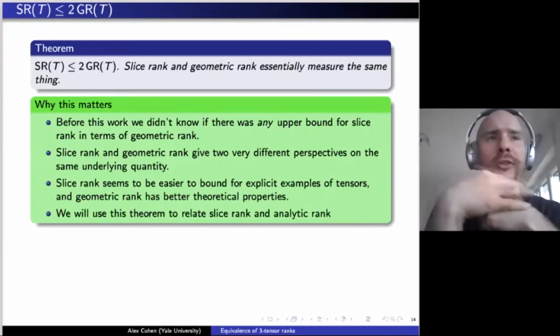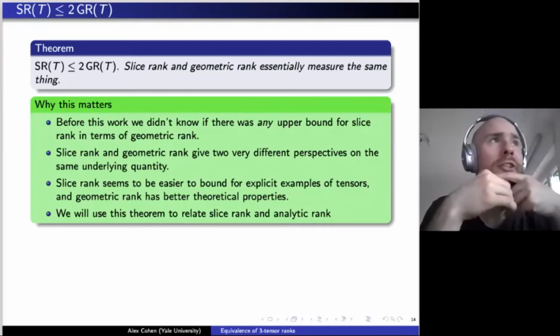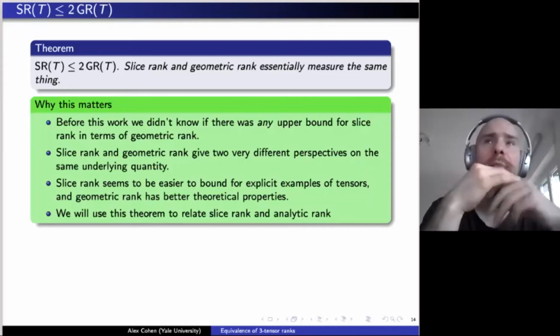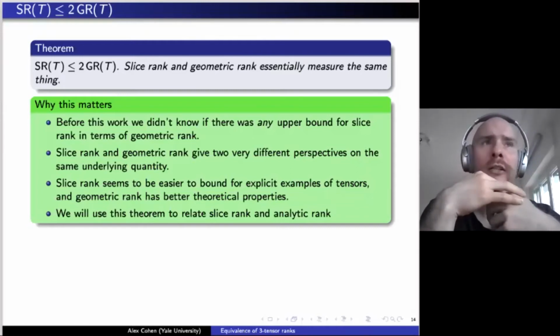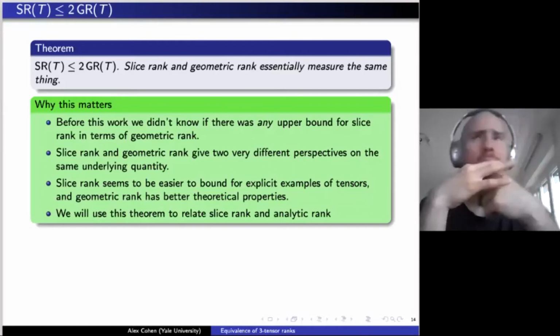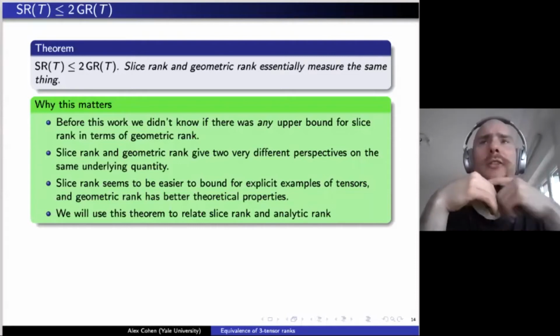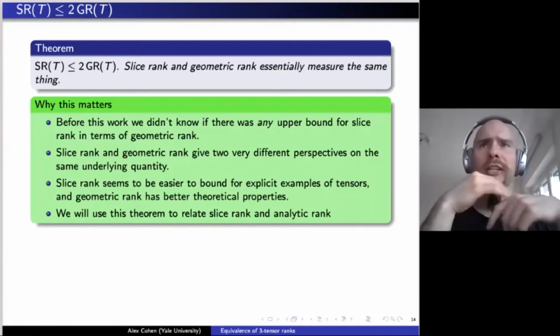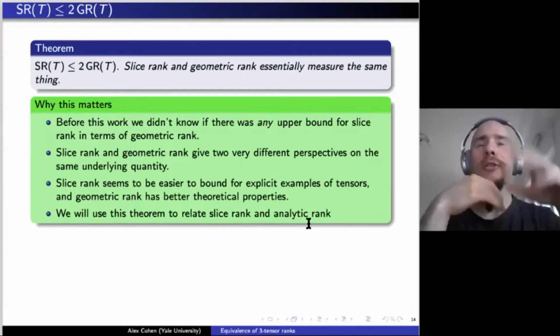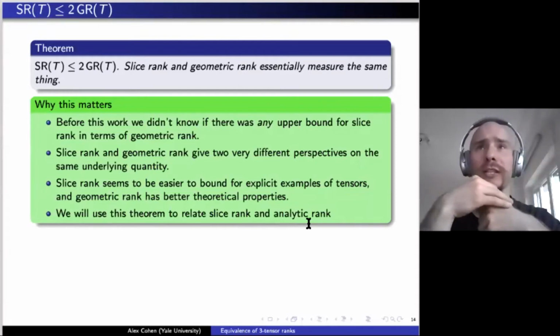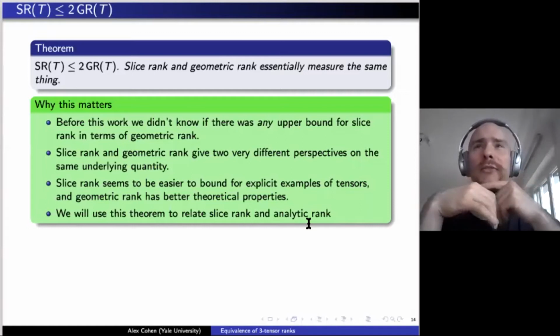Actually, can I ask you one question here? Yeah. For that particular application, the cap set application, I don't remember now, but my feeling is that this constant 2 may actually be important. If instead of bounding slice rank from above, you somehow bounded geometric rank and used this bound, would it still give something non-trivial?